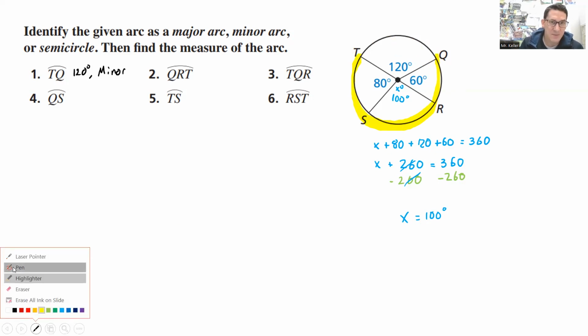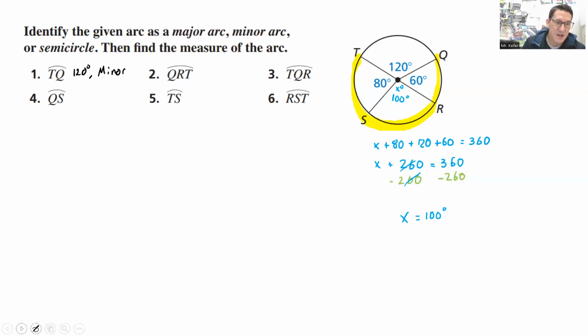That is bigger than a semicircle, so that is a major arc. Change the color. So this is a major arc. And then to find the measure, you just add all these together. 60 plus 100 is 160, plus 80 is 240.